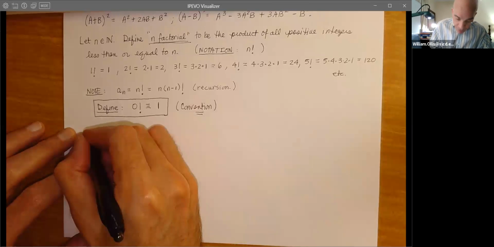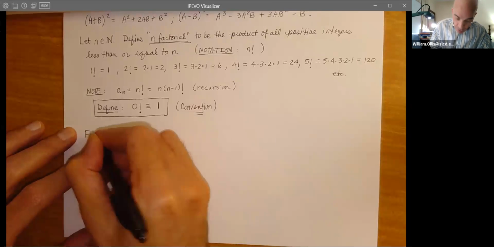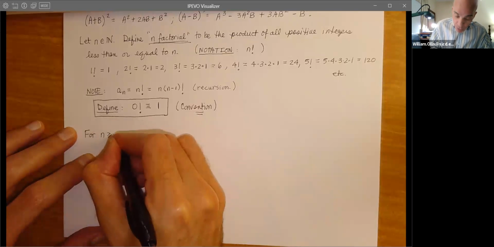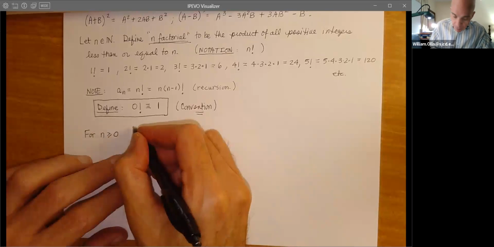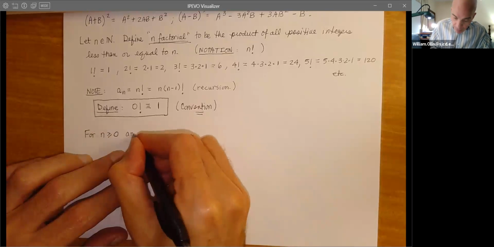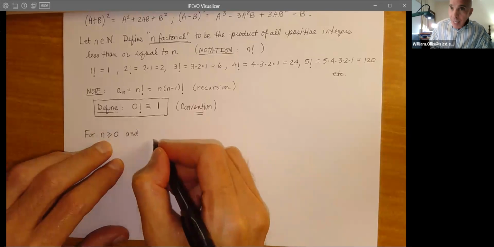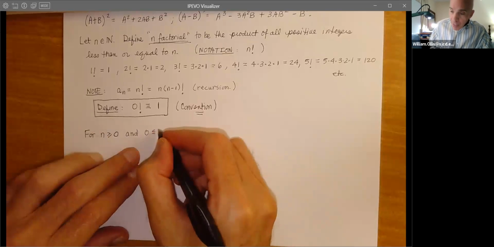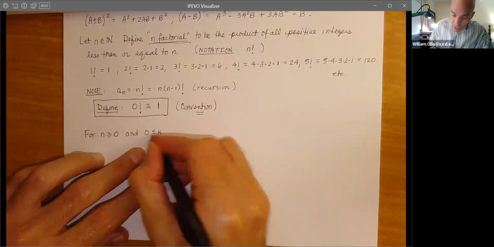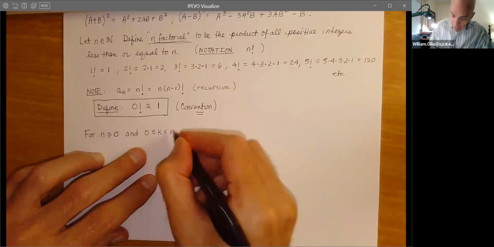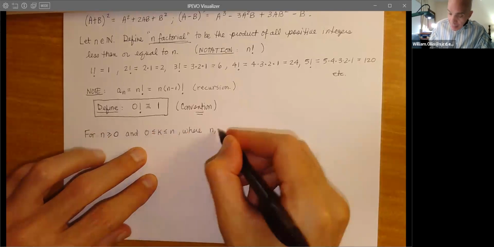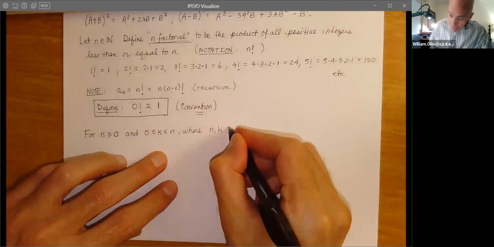So here's the next definition, for n, at least now, greater than or equal to 0, and of course, this will be generalized in calculus too, and k, in this case, between 0 and n, where we're going to take n and k to be integers.